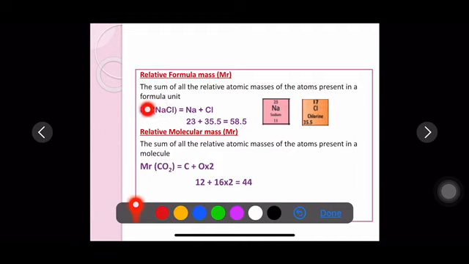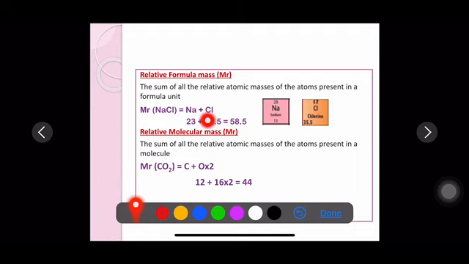Because a formula unit is not a molecule, how do we calculate relative formula mass for NaCl? Sodium: check its atomic mass in the periodic table, 23, plus chlorine, whose atomic mass is 35.5, and add them together to get the Mr or relative formula mass for NaCl.